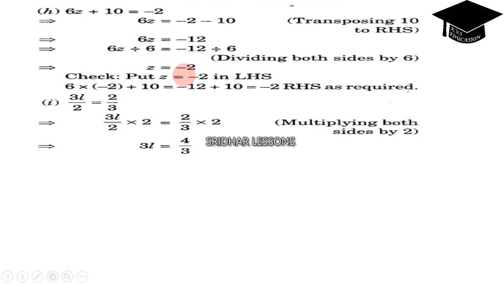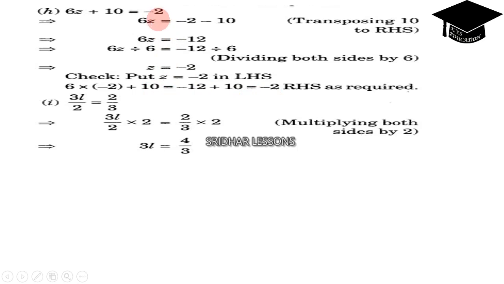So z is equals to minus 2. So to check the value, putting z is equals to minus 2 in the left hand side, 6 into minus 2 plus 10 is equals to minus 12 plus 10. This is equals to minus 2, which is equals to right hand side.